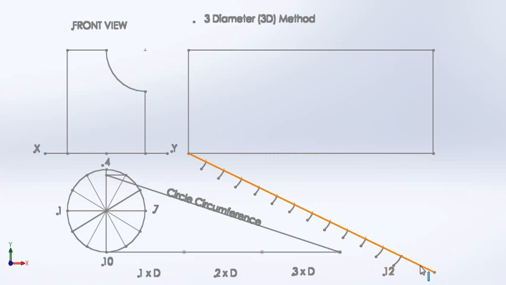What we'd have to do is divide this line, or add 12 equal intervals on this line from point 0. You'll see down the bottom over here, I've got a little bit of extra space, that doesn't matter. The distance from here to here is the same as the distance from here to here, the same as the distance from here to here. So each one of these intervals needs to be equal.